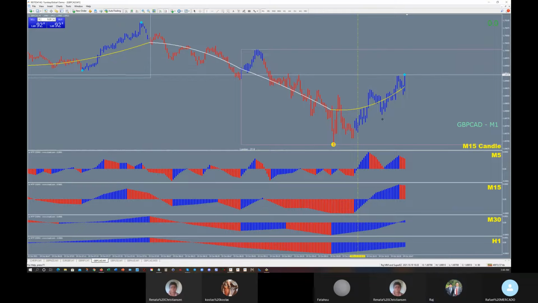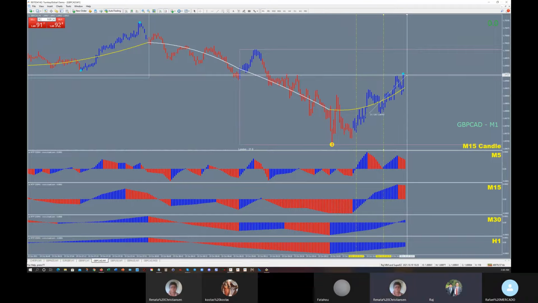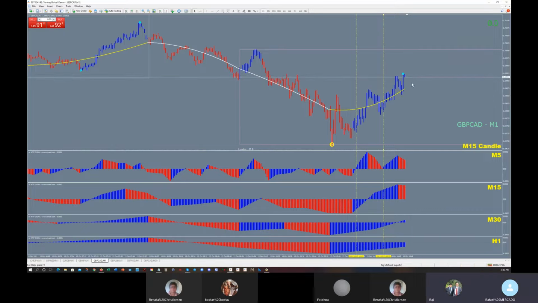Here's my second entry. And how much is that? 9 pips. 60, that's 25 pips. So both of them individually would have satisfied my 30 pips, almost.